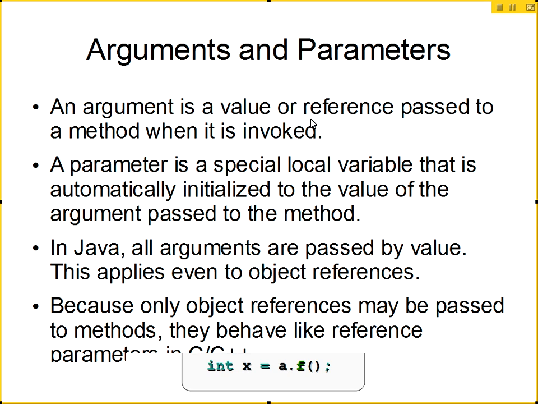One of the key things you've got to remember in Java is that when we call a method, it's always going to be passed by value. So if we pass a primitive in and we manipulate that primitive inside of our method, when I exit that method, the value in the calling scope of that primitive will not have changed. But with object references, we're passing a reference to that object. That is being passed by value.